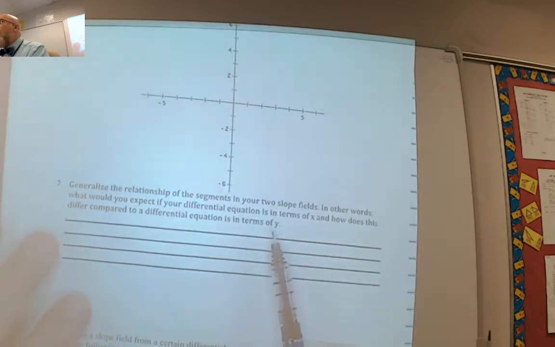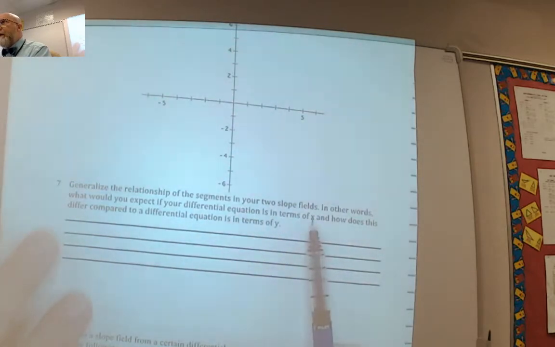In terms of y, they are parallel horizontally. Does everybody follow that? I'll get to where I use that in a bit. So in terms of x, they're parallel vertically, and in terms of y, they're parallel horizontally. Yes, ma'am?